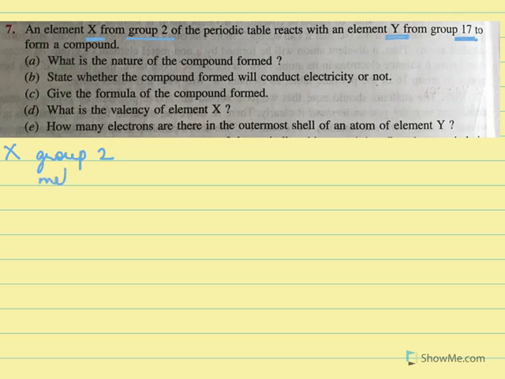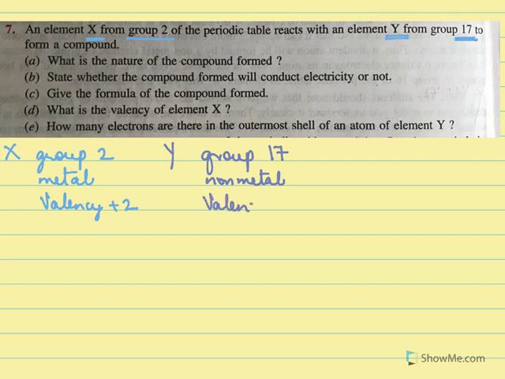So if it belongs to group 2, remember it is a metal, and its valency will be +2. And now Y belongs to group 17. 17 means it's a non-metal. It will gain electrons. And you know for 17, valence electrons are 7. So valency for 17 is always -1.